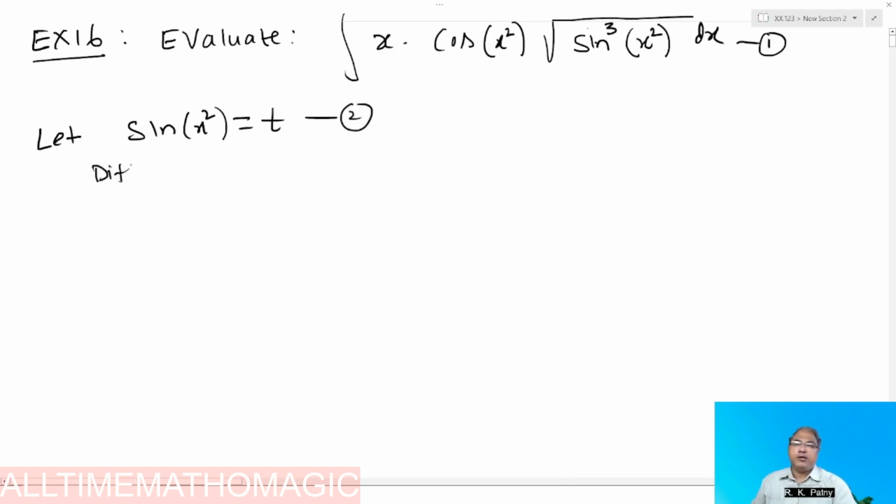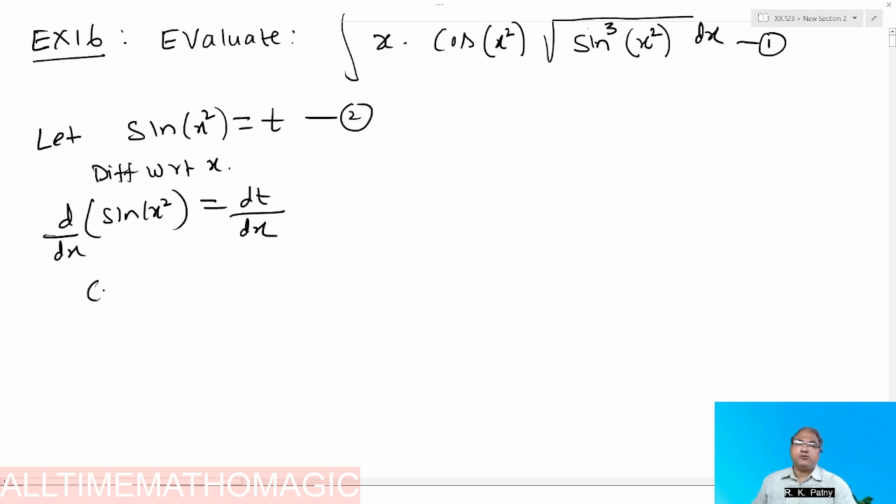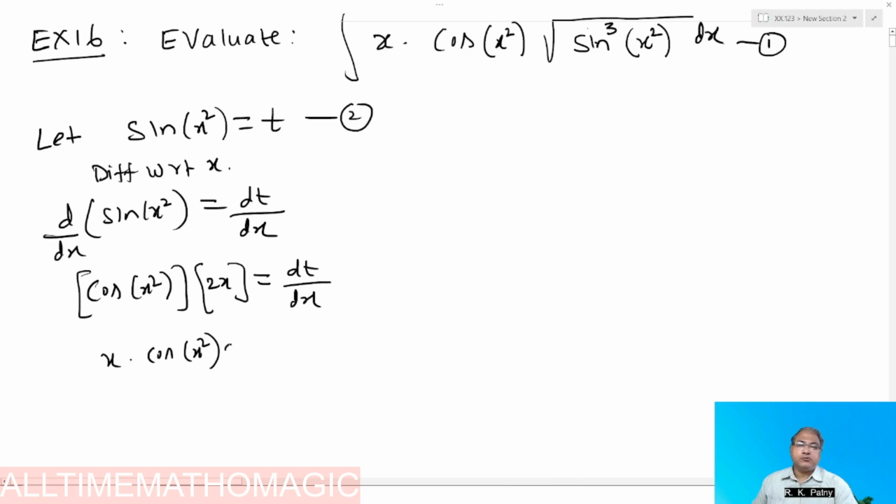Now differentiating with respect to x, the derivative of sin of x square is dt by dx, which is cos of x square into the derivative of x square, that is 2x. Here I have applied the chain rule. So therefore x into cos of x square dx equals to dt. Call it 3.